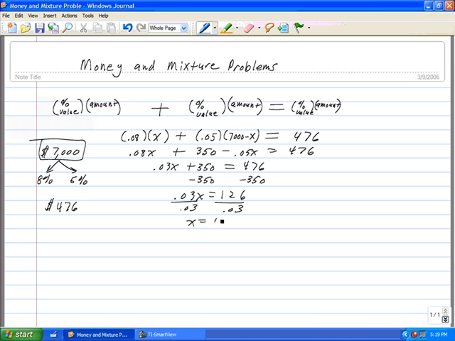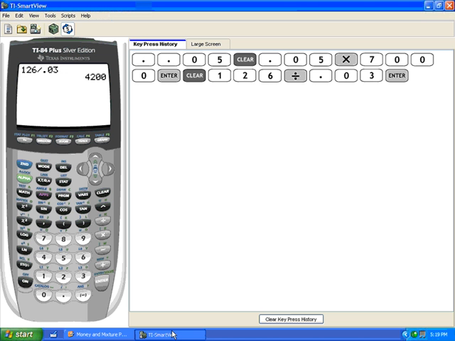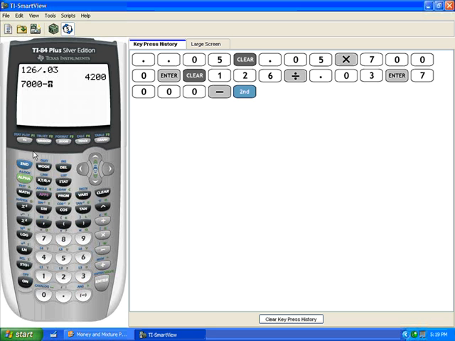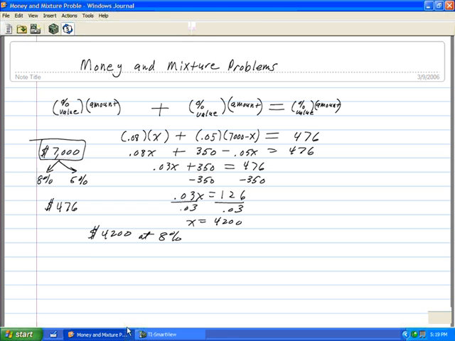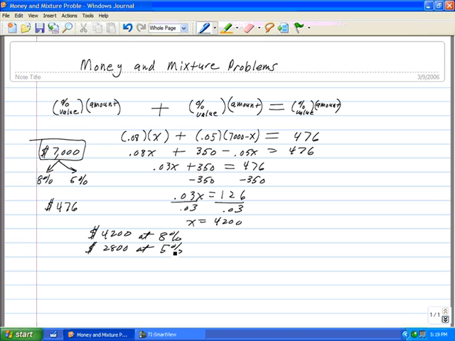So our x is 4,200. That means, to interpret that, $4,200 was put in the bank at 8%. And of course our grand total was 7,000. So I take the 7,000, subtract from that answer, and I get $2,800 being invested at the 5% rate.